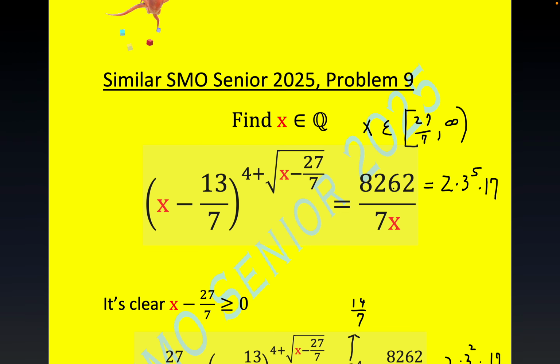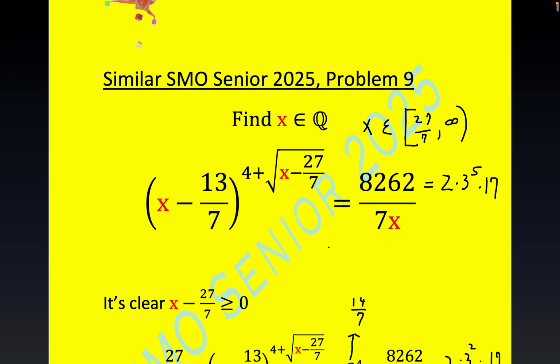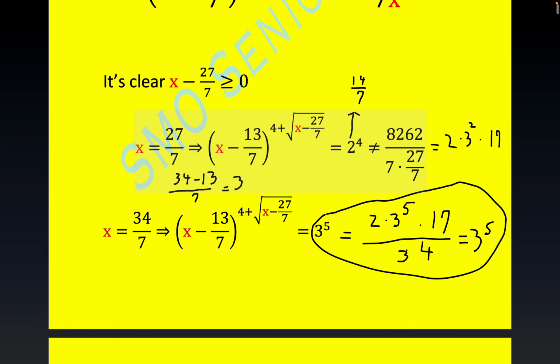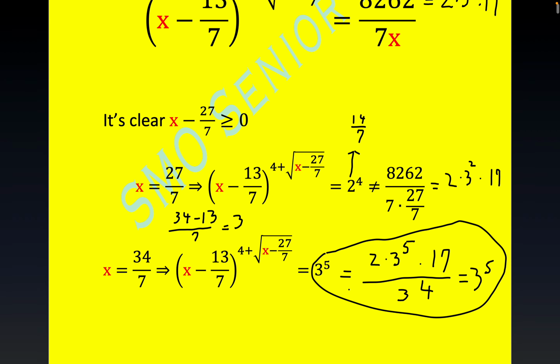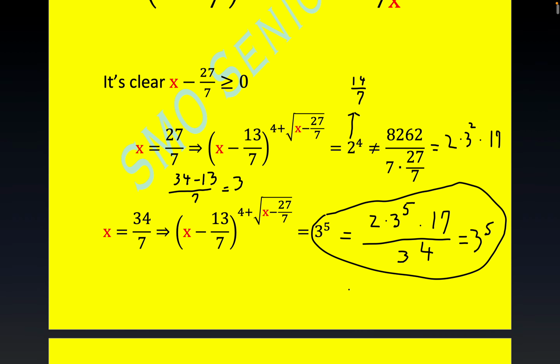X will overwhelm even this constant right here. And this exponential function is certainly increasing. So this is the only solution. 3 to the 5th is a unique solution. Excuse me, x equals 34 over 7 is our answer. Sorry about that. x is equal to 34 over 7.